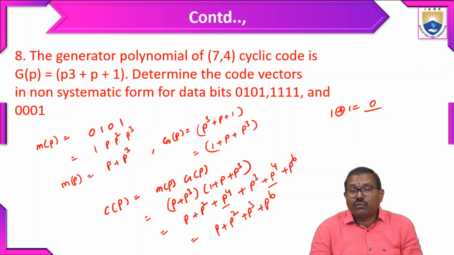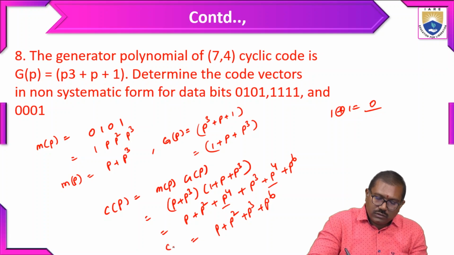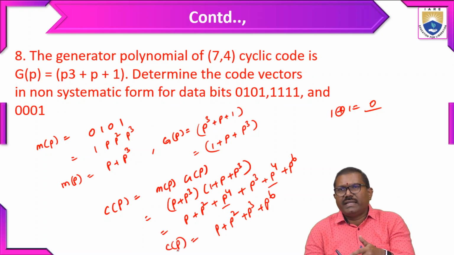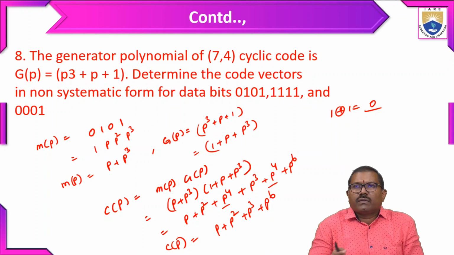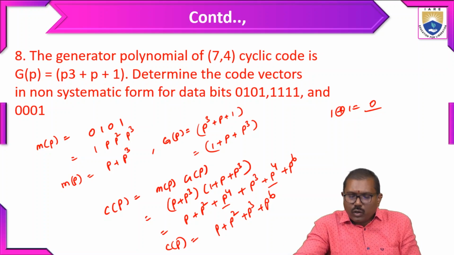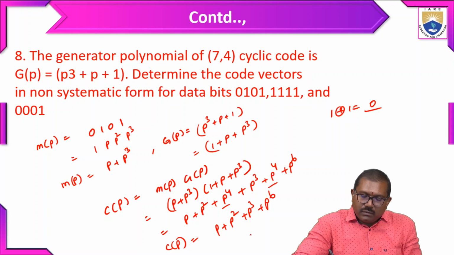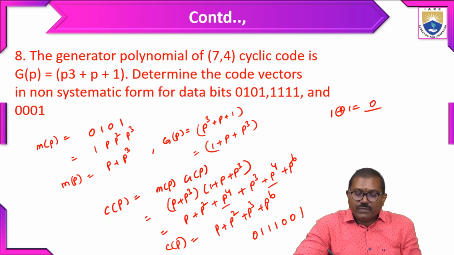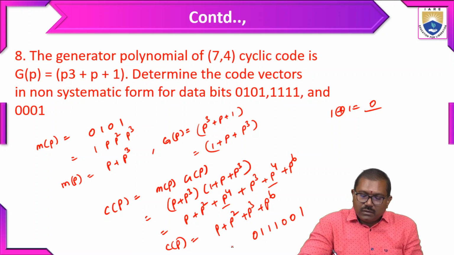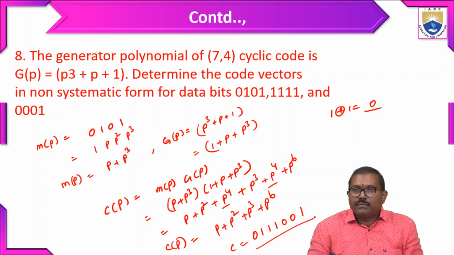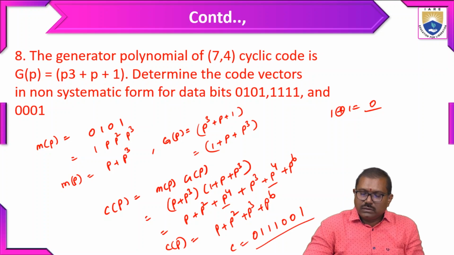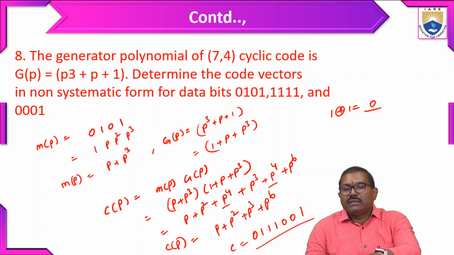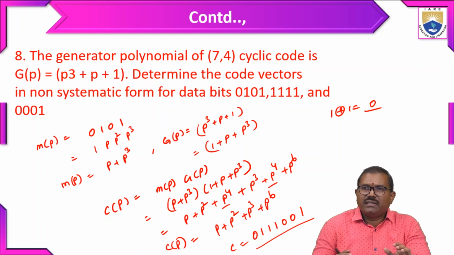What is the size? (7,4). If you have a doubt, we convert this again into bit form. Here 1 is absent, so 0, 1, 1, 1, 4 absent, 5 absent, 6. So this is my code vector, code block. Totally 7, so my code size is 7. I generated the code.